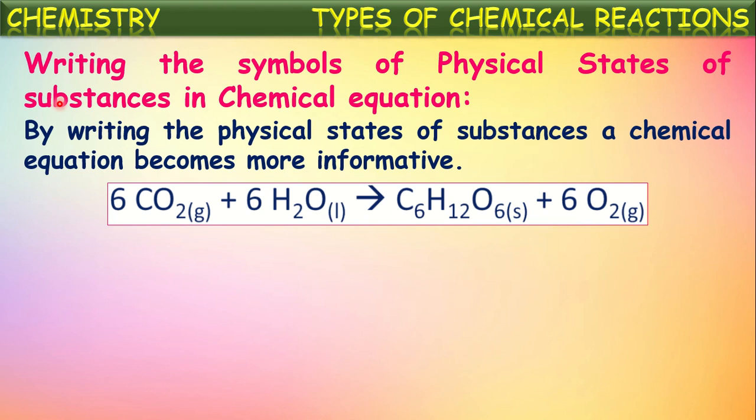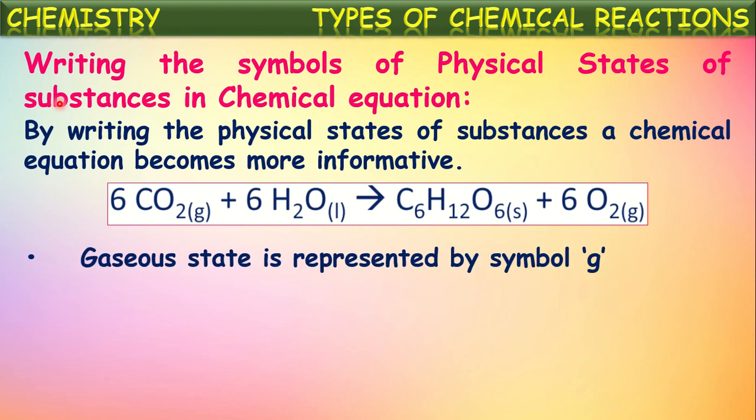For example, if you see this equation, we know this is an equation representing the photosynthesis reaction in plants, isn't it? In plants, carbon dioxide and water combine to form glucose and oxygen gas as products. Here, the gaseous components are represented in a chemical equation by using the symbol G in brackets.